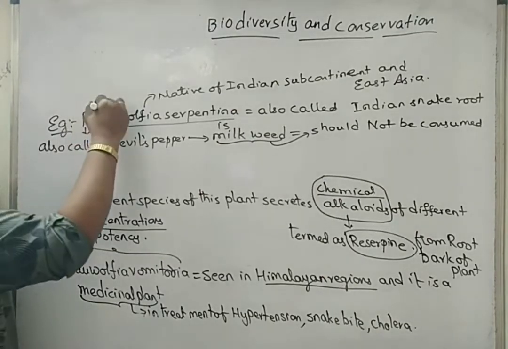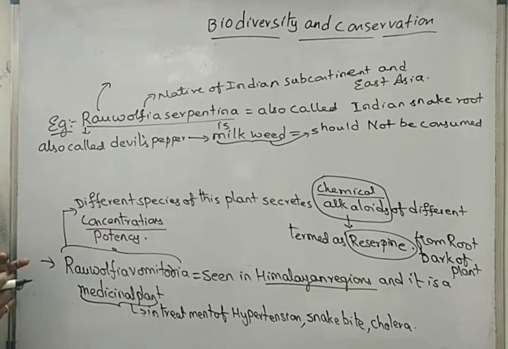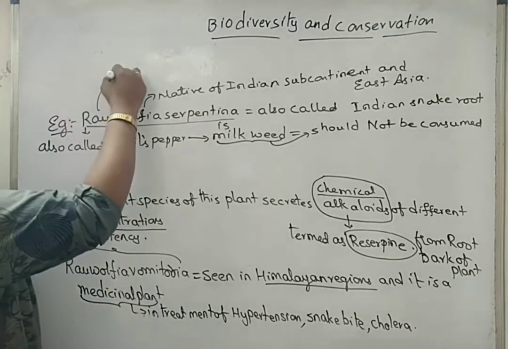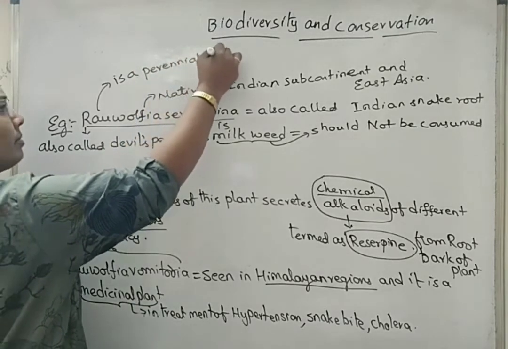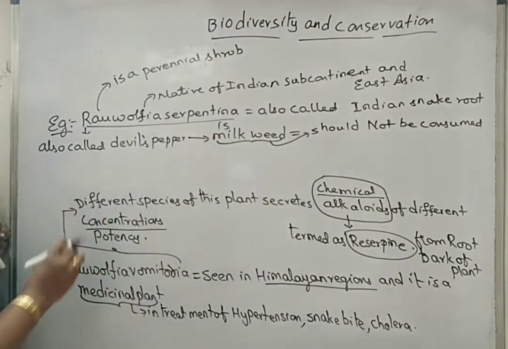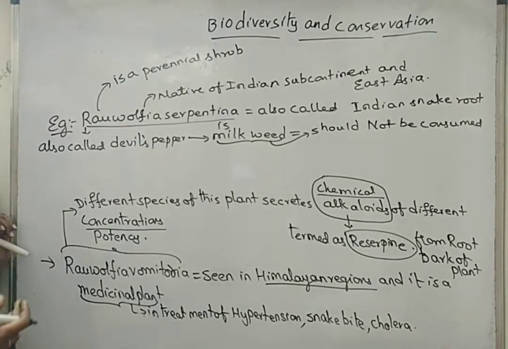If we go for some MCQ-like points, we can say this Rauwolfia serpentina is a perennial shrub. It means it gives out either its flowers or some secretions or its fruits, whatever the reproductive structures are, throughout the year.